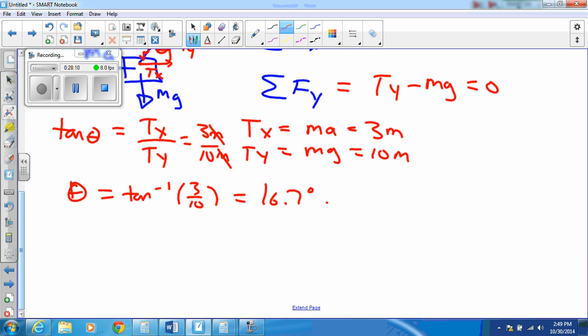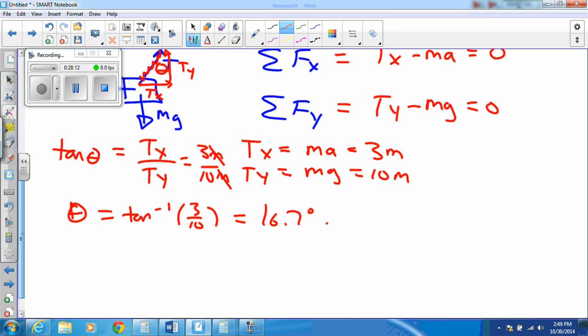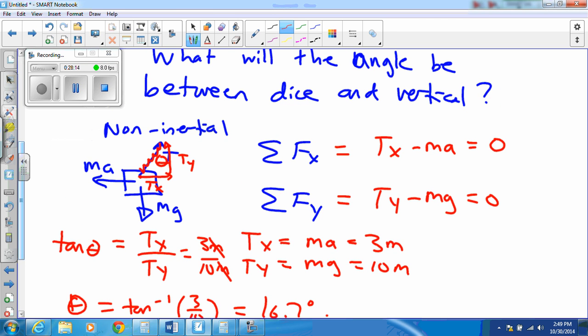Yes? How would you do it in just a regular inertial reference frame? I could do something similar in an inertial reference frame, but there I would set the sum of forces equal to ma. Wouldn't that be easier? Six of one, half a dozen of the other. It all depends on how your brain is thinking about it.